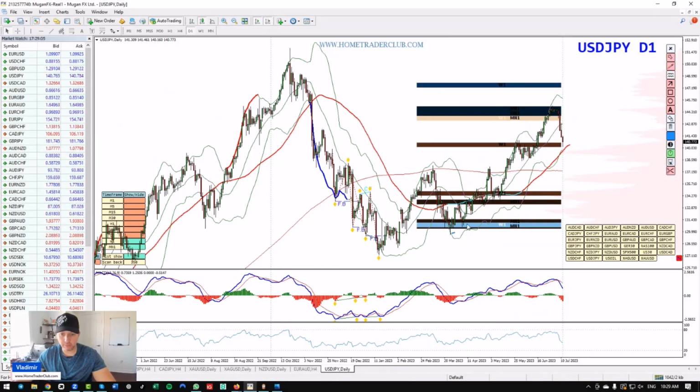Based on the most recent rising supportive line, we still have a bit of room. Based on the bigger supportive line, we can see there is a big room to the downside.